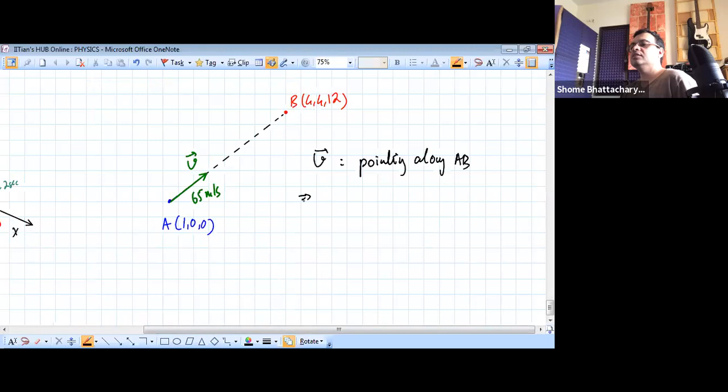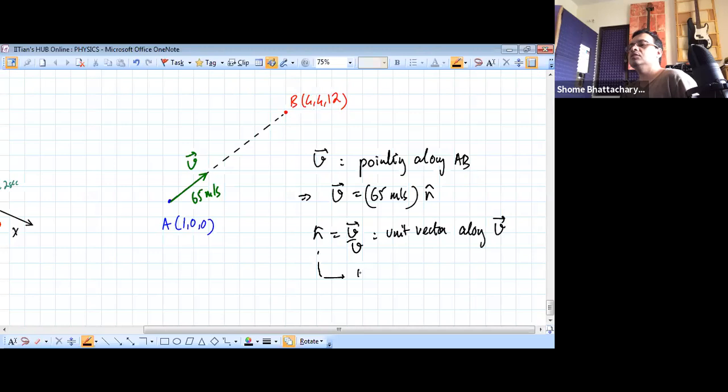So we can say that the velocity vector is equal to 65 meters per second into some unit vector n cap, where n cap is the unit vector along the velocity vector. Now this n cap will be along AB. In other words, n cap is the unit vector of the vector joining A and B as a displacement.